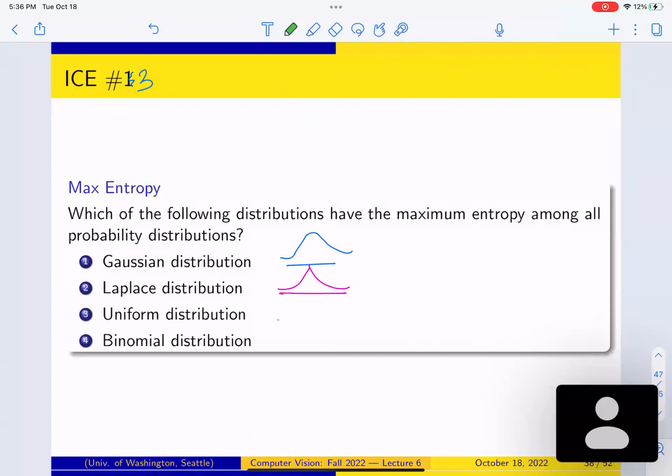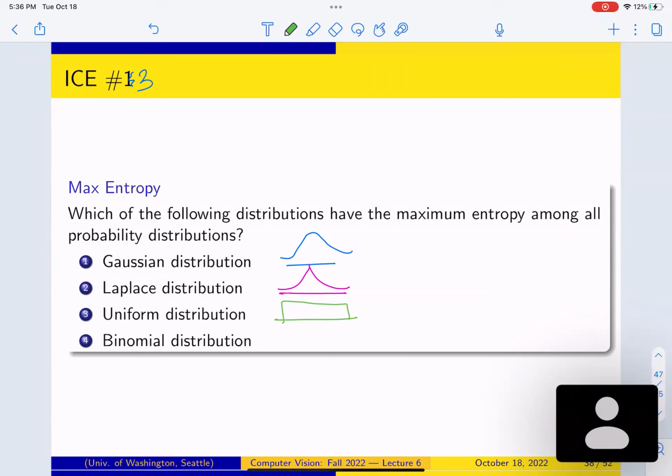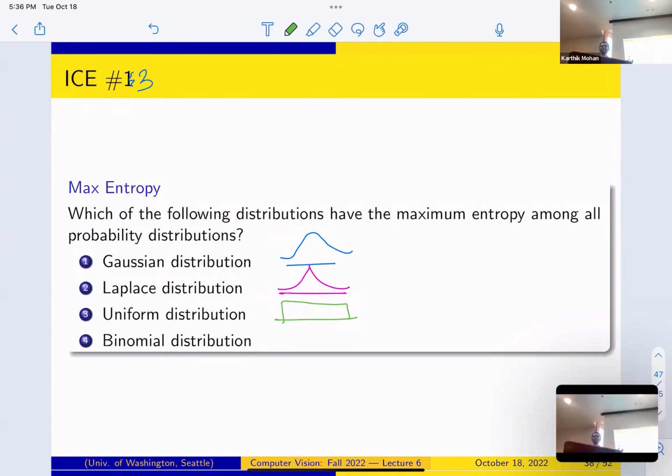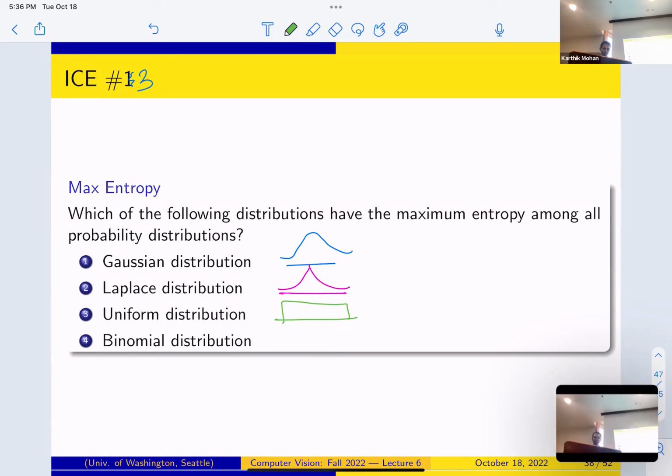Uniform looks like this. You see, it doesn't matter where you are. It's giving you the same value. It's not preferring any particular value. There's complete chaos. Right? Maximum uncertainty. So for the uniform distribution, you can also show it mathematically that it has the maximum entropy.